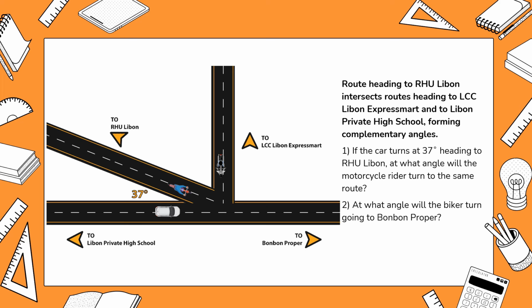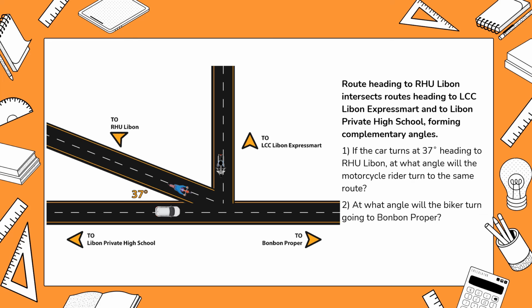Anyone? 53. Now how do you get 53? That is right. 90 degrees minus 37 degrees would be 53 degrees as the angle of turn of that motorcycle rider.